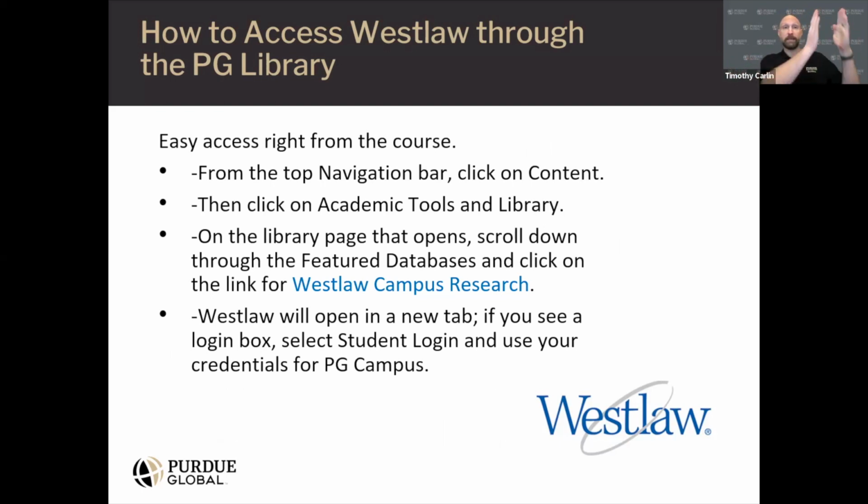On the left-hand side of the page, it'll open up and have a number of options. You click on Academic Tools, and then it'll have an option in the middle that says Library. You click on that, and a new page will open up in the middle. You scroll down slightly to Westlaw Campus Research, you'll see this little icon, and you're in the right place when you find that. Next slide.